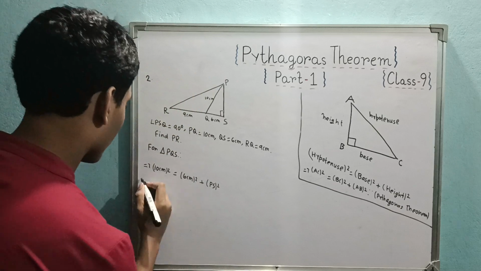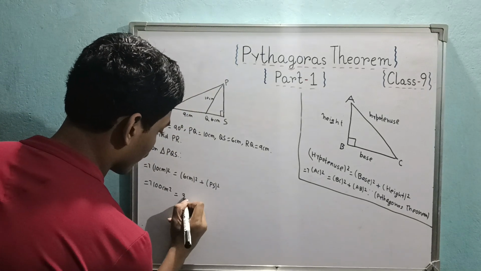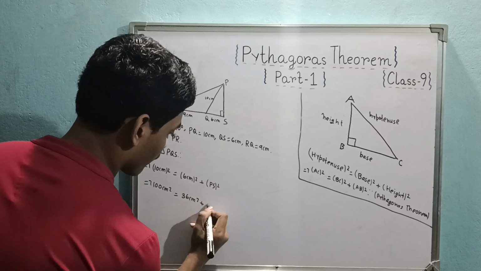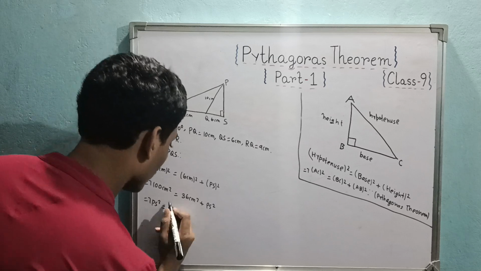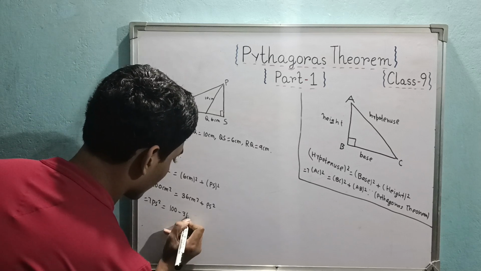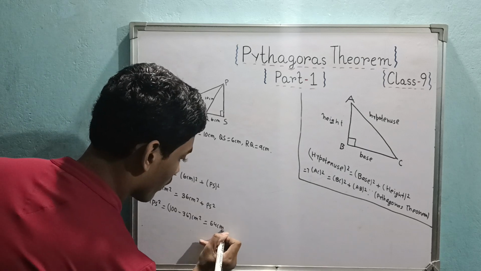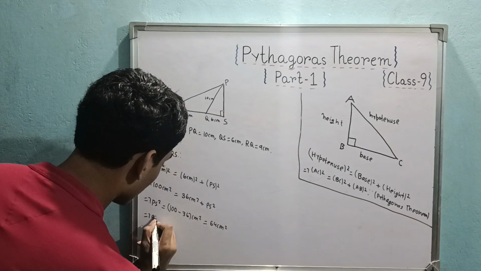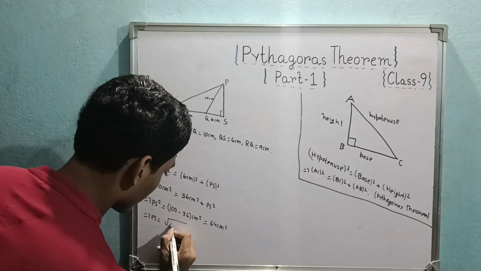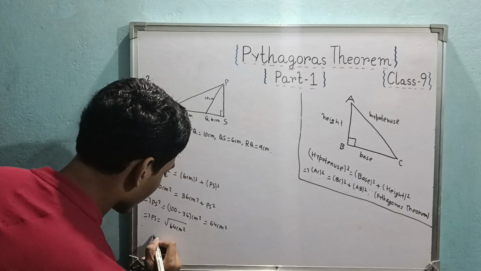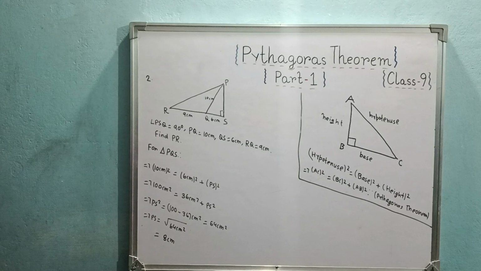Okay, let's calculate. 100 centimeter square equal to 36 centimeter square plus PS square, or PS square equal to 100 minus 36 centimeter square equal to 64 centimeter square, or PS will be equal to root of 64 centimeter square. Root of 64 is 8 and centimeter square root is centimeter. PS equal to 8 centimeter.